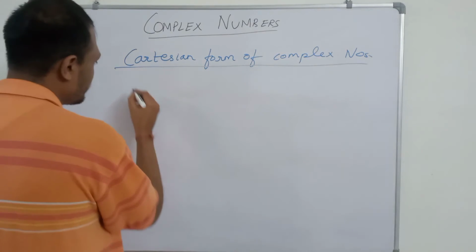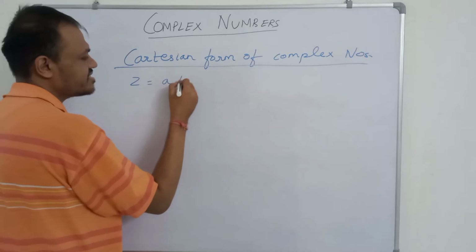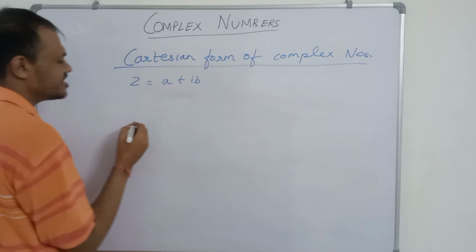So z equal to a plus iota b is called the Cartesian form of a complex number.